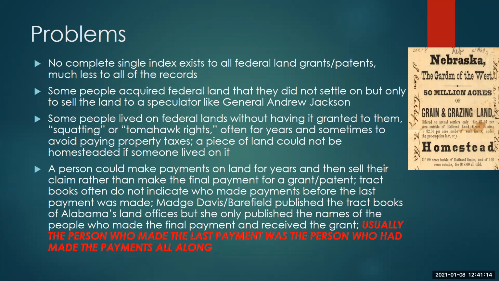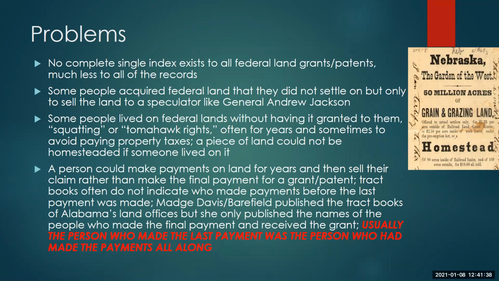And you go to this book, and here's a list of all the people who received land grants in Alabama by land office. That's all well and good. But in instances where payments were made by other people other than the person who made the final payment, she leaves those names out.